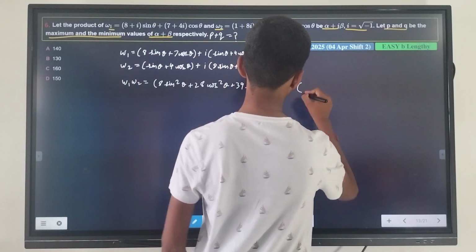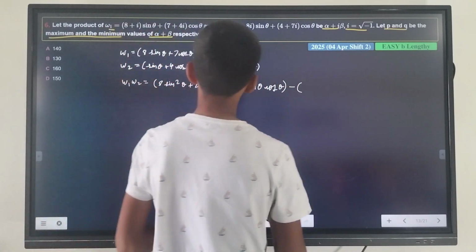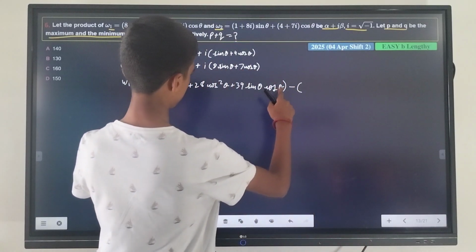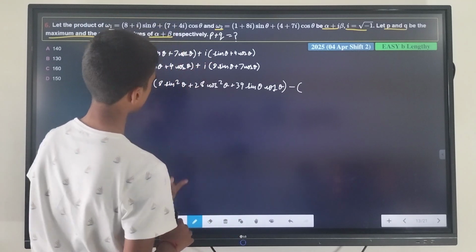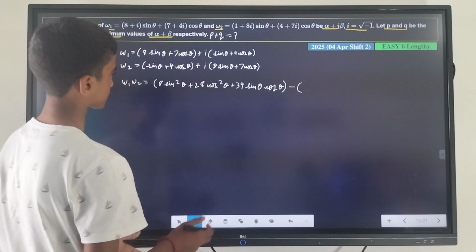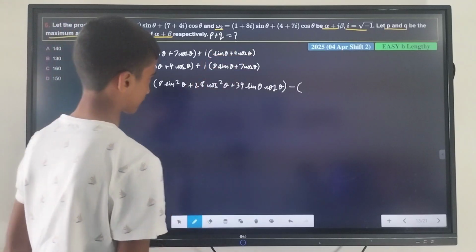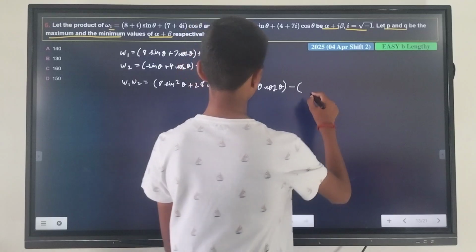And minus of iota into iota part. Here in iota into iota we will get the same expression but with a minus, because we can see 8 sin theta plus 7 cos theta into sin theta plus 4 cos theta, and we have the same multiplication with the iota side. So with a minus all the expressions will be same.